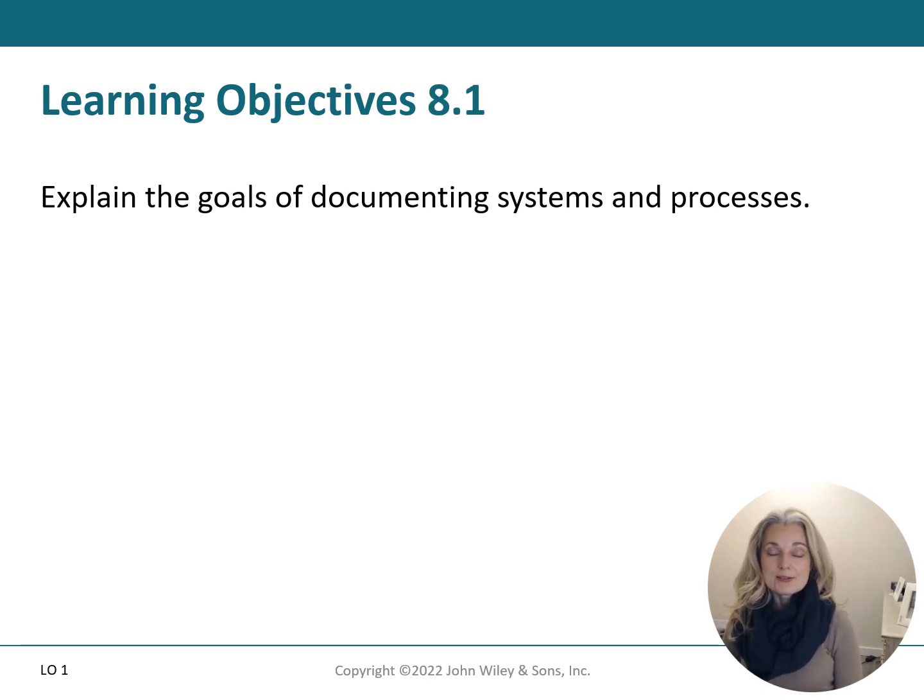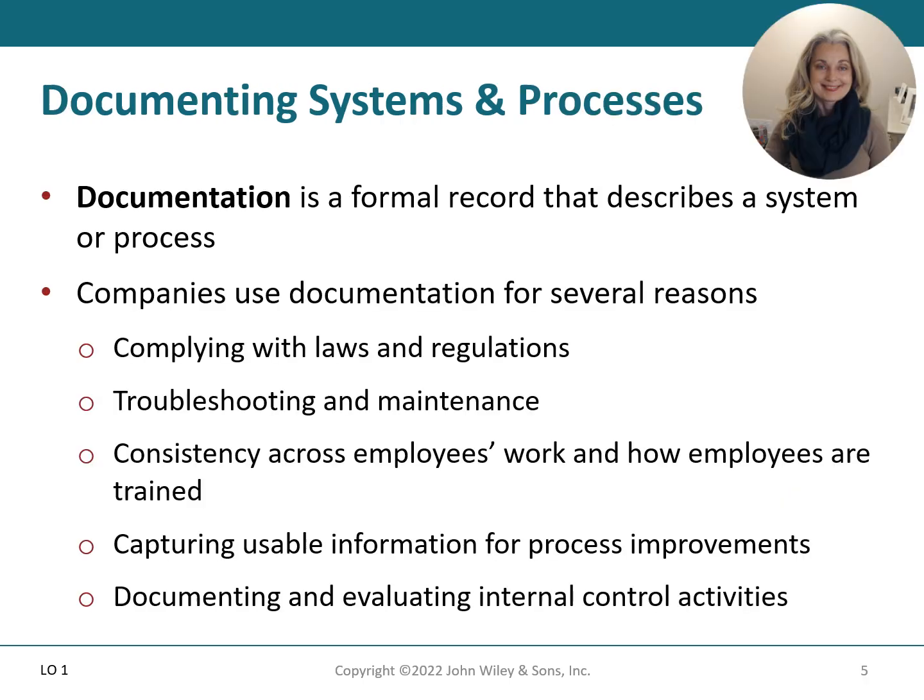Let's learn how to explain the goals of documenting systems and processes. Documentation is a formal record that describes a system or process. Companies use documentation for several reasons. They may need to comply with laws and regulations. We've learned about Sarbanes-Oxley or SOX in previous chapters, and SOX requires US traded companies to have their process documented.